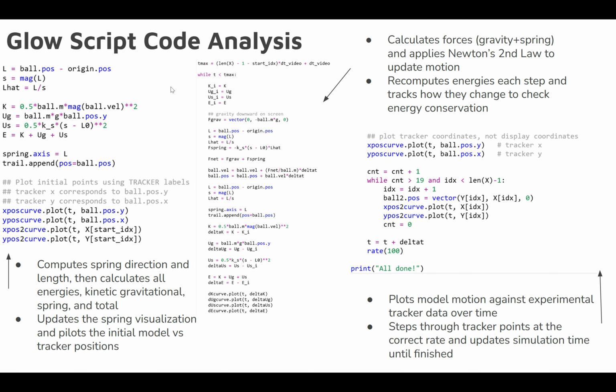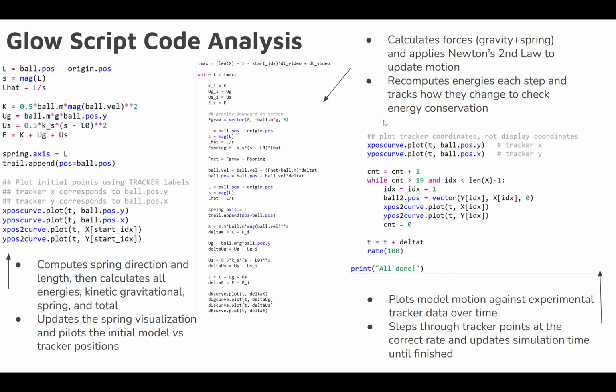So here's a code analysis. Here I compute the spring direction and length, and I calculate all energies: kinetic, gravitational, spring, and total. This also updates the spring visualization and plots the initial model versus tracker positions. Here I calculate the forces, gravity plus spring, and I apply Newton's second law to update the motion.